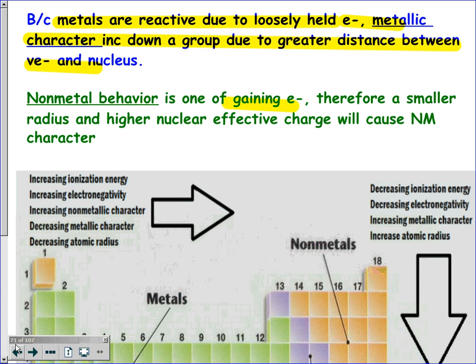So if you want to put it on there, that's fine. This also plays in the bonding, why ions form, and everything.